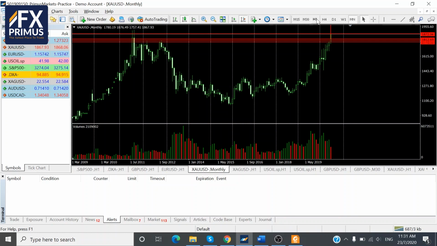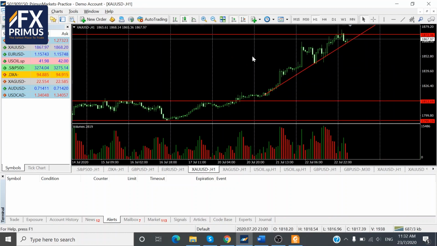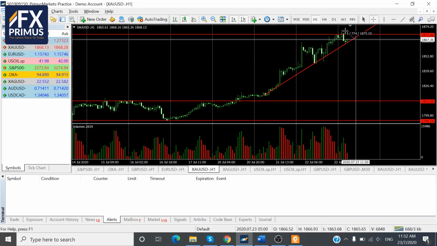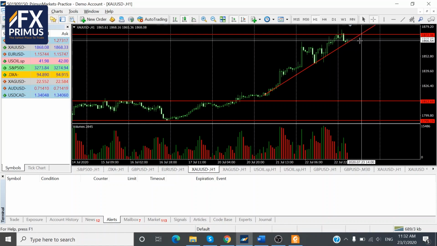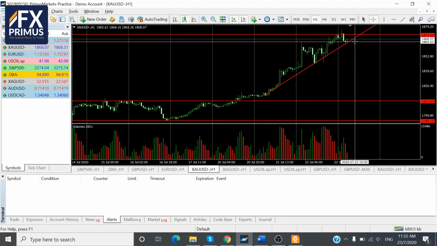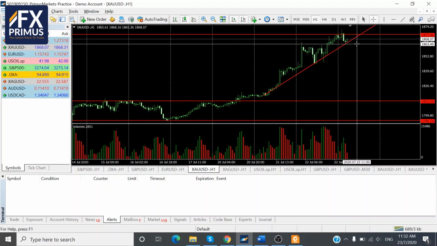Okay, so for the next 24 hours, as you can see, gold prices are still well supported on this bullish trend line on the downside, and on the upside, we are having a target price of about 1,876. So to the upside, we have about another $8 or actually $9 movement up, and to the downside, if it doesn't break this bullish support, we should just be seeing gold prices supported at 1,863.